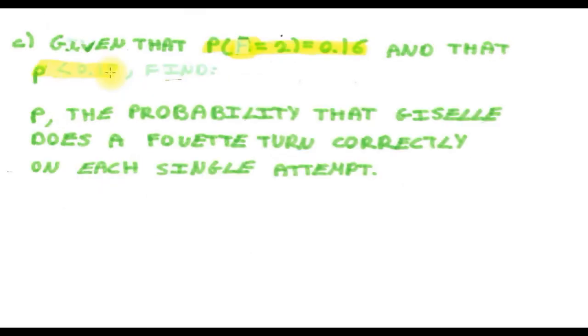The next question says, given that the probability that F is 2 equals 0.16 and that p is less than 0.5, find p, the probability that Giselle does a fouette turn correctly on each single attempt.